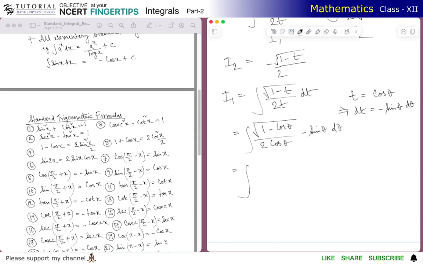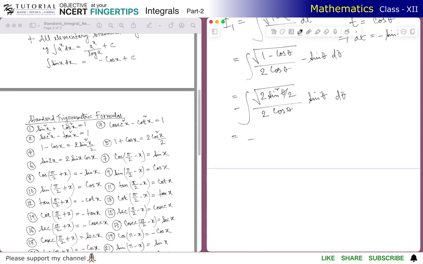Now 1 minus cos theta is 2 sine square theta by 2, and we have 2 cos theta sin theta d theta. This becomes root 2 sin theta by 2 by cos theta, sin theta d theta.